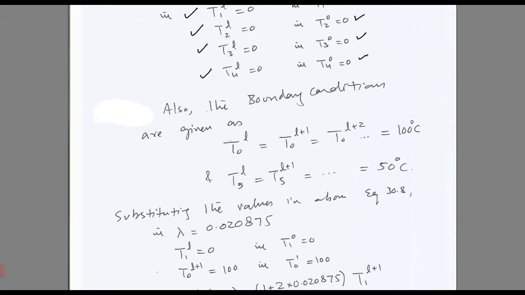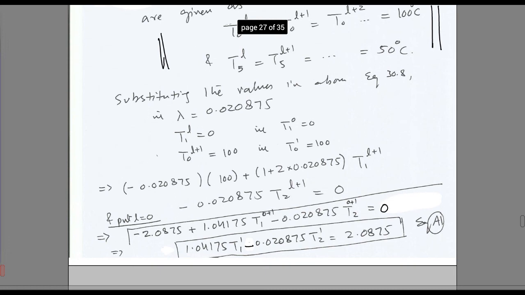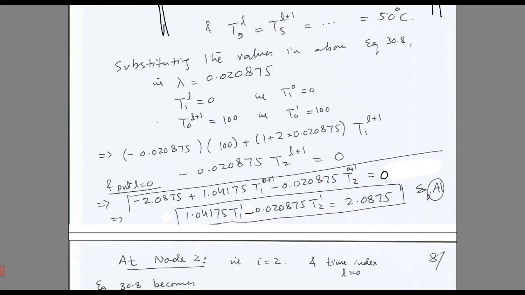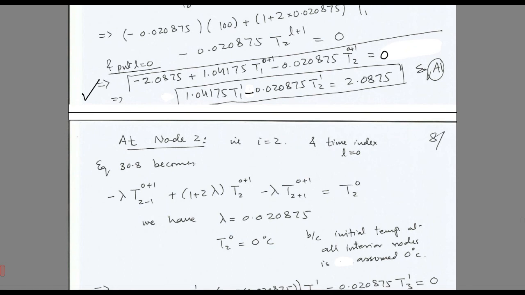This also applies to the boundary conditions, so the boundary conditions will also be known to us. Substituting the values and solving is quite simple, it's straightforward. So we will have the first equation A1. At node 2, i equals 2, and l is still 0.